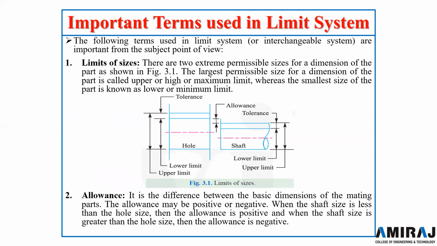The first terminology is limits of size. There are two extreme permissible sizes for a dimension of a part, as you can see in the figure. The largest permissible size for a dimension of a part is called the upper or high or maximum limit, whereas the smallest size of the part is known as the lower or minimum limit.